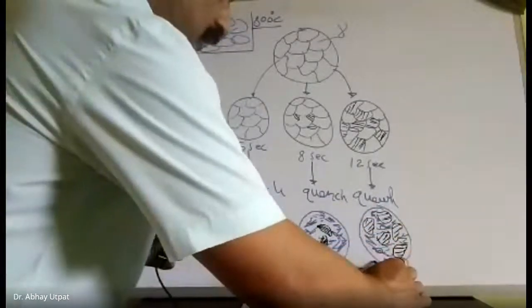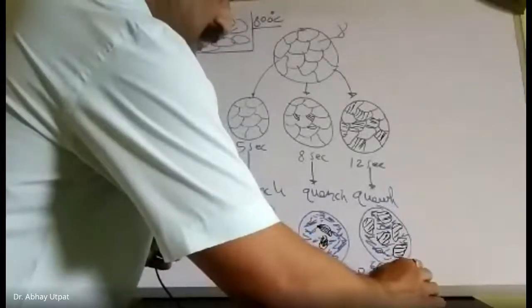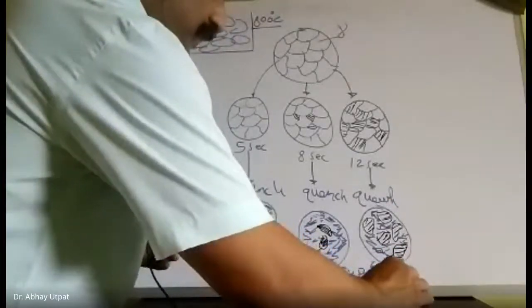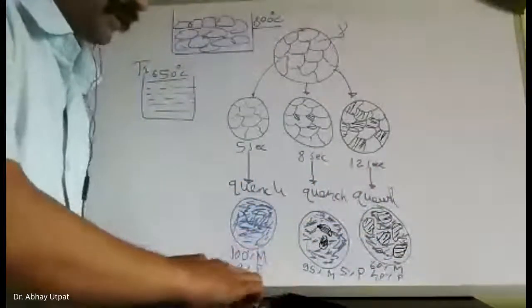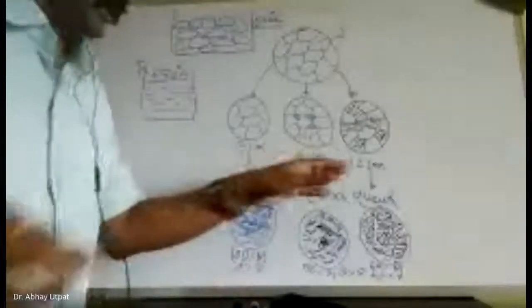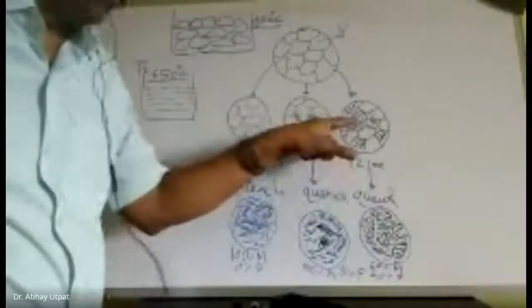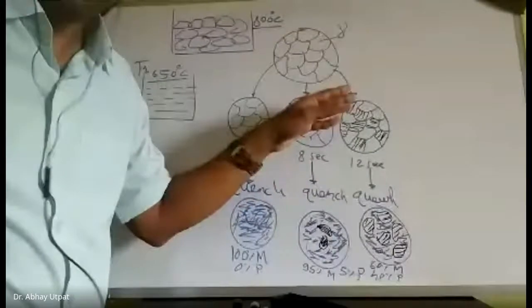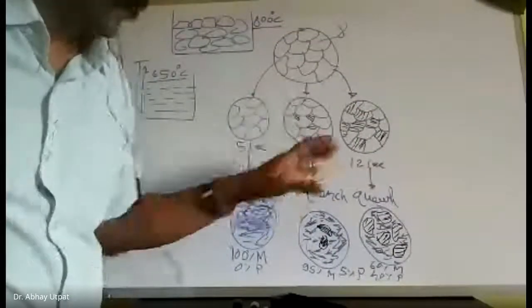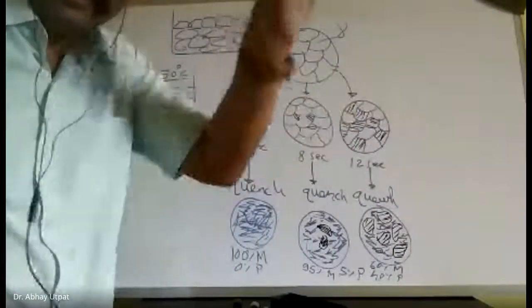Here, 60% martensite and 40% pearlite. What is the meaning? In these 12 seconds, around 40% pearlite starts to form, but you have not given time for completion. Immediately you have taken it and dipped it into water.